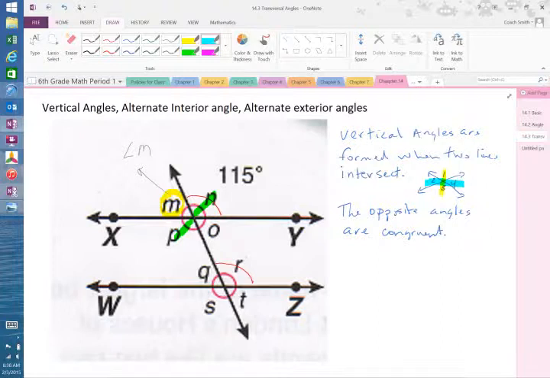I've already talked about it this year. Congruent. Joy, there it is. It means they're the same. So in my example right here, if this angle is 105 degrees, then the other angle has to be 105 degrees.